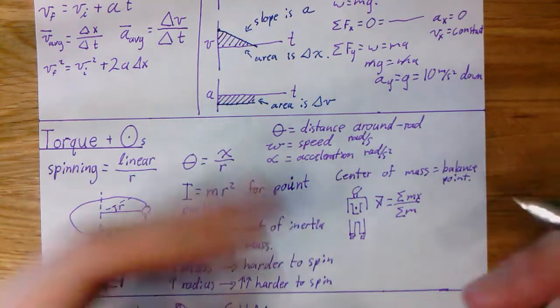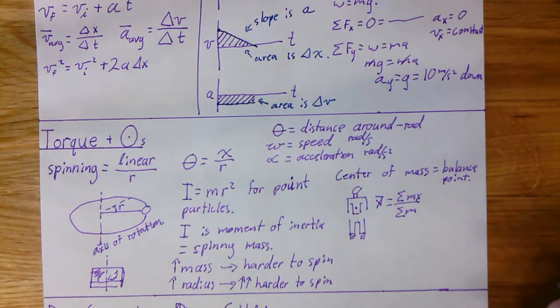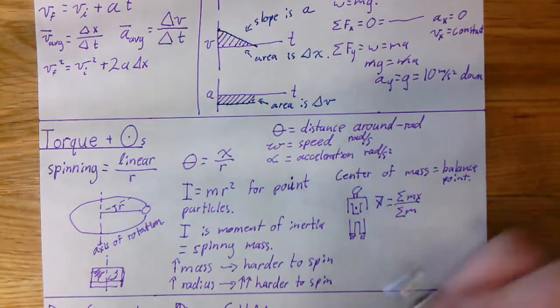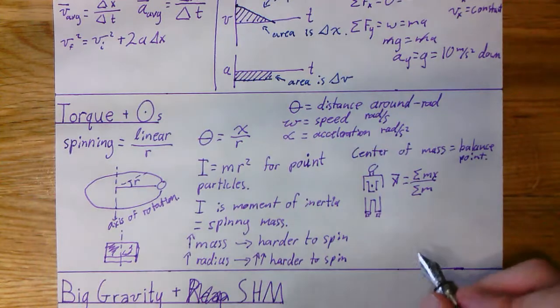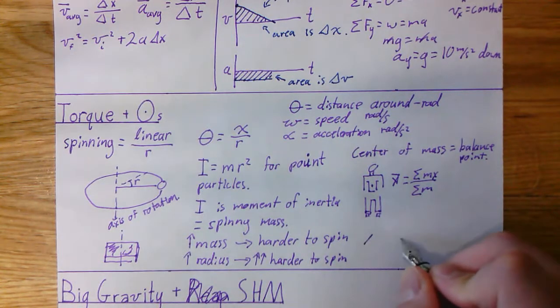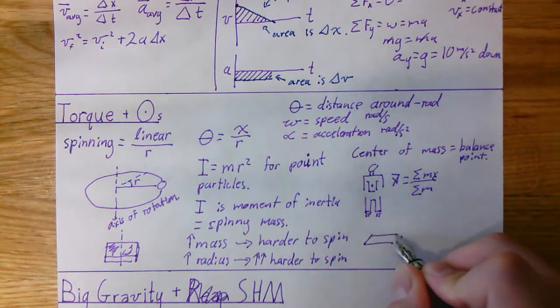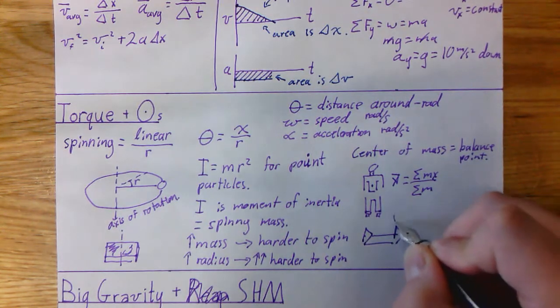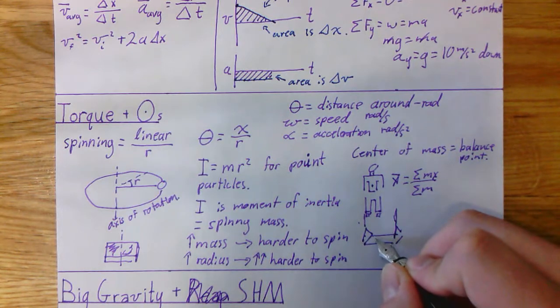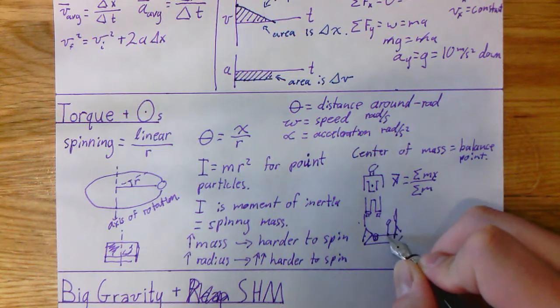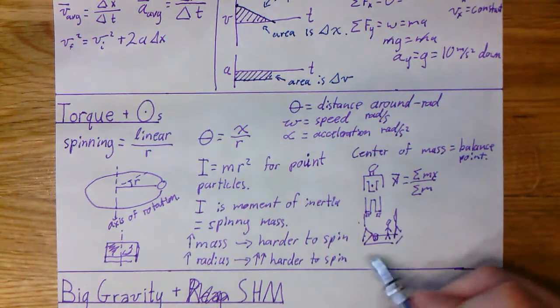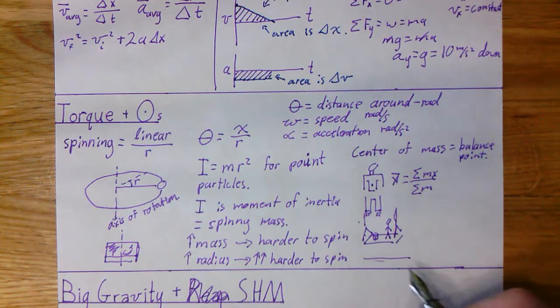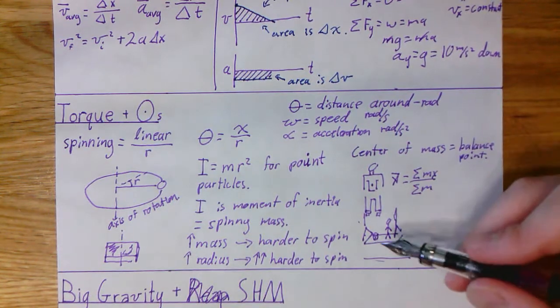Okay. For torque, momentum, energy, they are the same idea as forces, momentum, energy. For torque, you want to draw a torque diagram. So that's basically a force diagram. Let's draw a little torque diagram here. I would maybe simplify this to a scaffold with a guy and a bucket sitting on it.